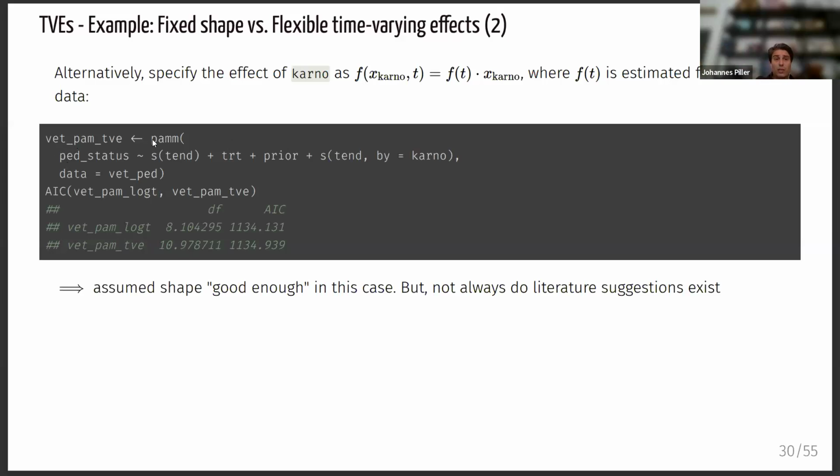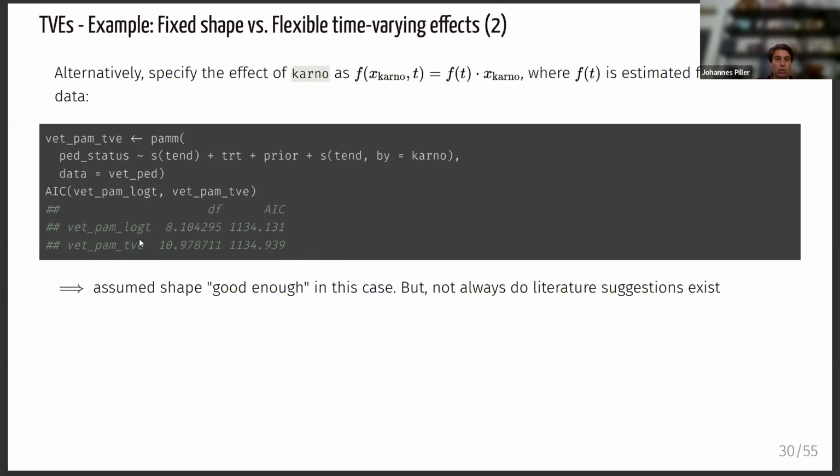And we fitted both models, the log T model and the time varying effect using the spline. And in this case, we see that the AIC, the Akaike information criterion, the difference is not so big.